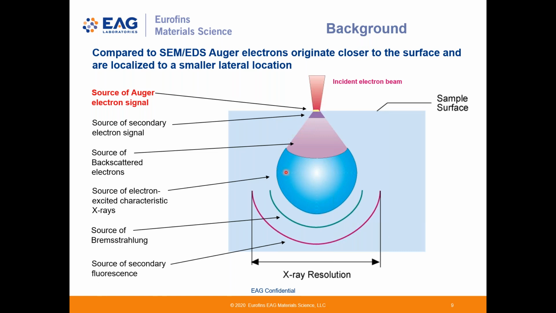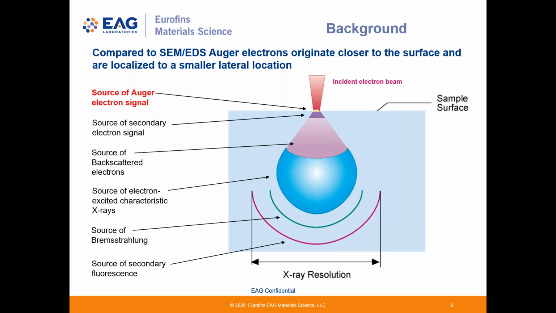This is also the penetration depth for typical 10 kV electrons. It depends very much on, of course, the atomic number of the sample and the primary beam energy. So this is about a micron, and this is just about 10 nanometers or so up here.